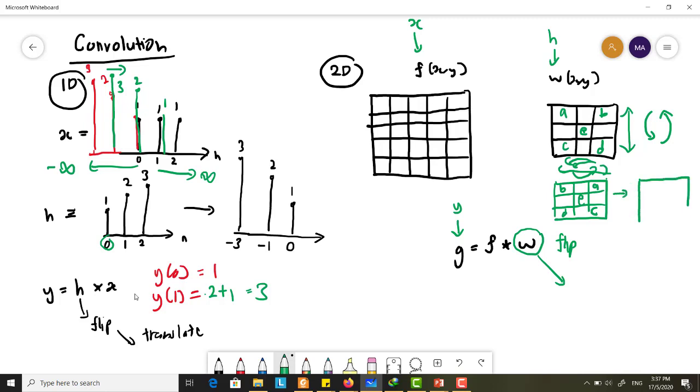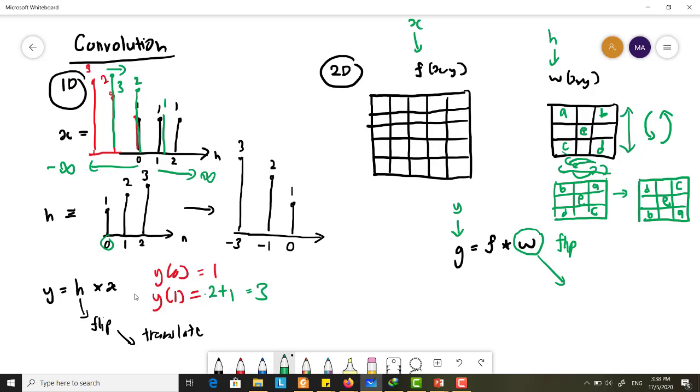Now it becomes something like this, where this one is A, this one is C, this one is B, this one is D, and this one is still E. Okay, you flip two times, one time horizontal, another time vertical. The terminology is similar to 1D, where 1D is one flip, but for 2D you need to do two flips.